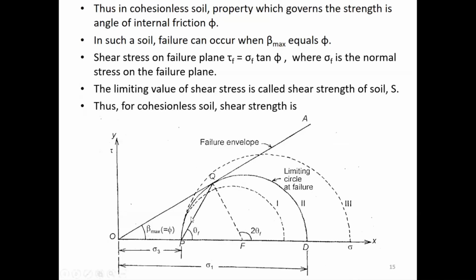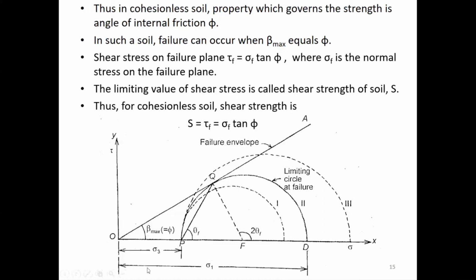So what is that limiting value of shear stress here? Tau f. So that tau f will be my shear strength of my soil. Right? So for a cohesionless soil, I can say that the shear strength S is equal to the limiting value of shear stress tau f, which is represented by sigma f into tan phi. Correct? This tau f will be my strength of the soil for that given sigma f.